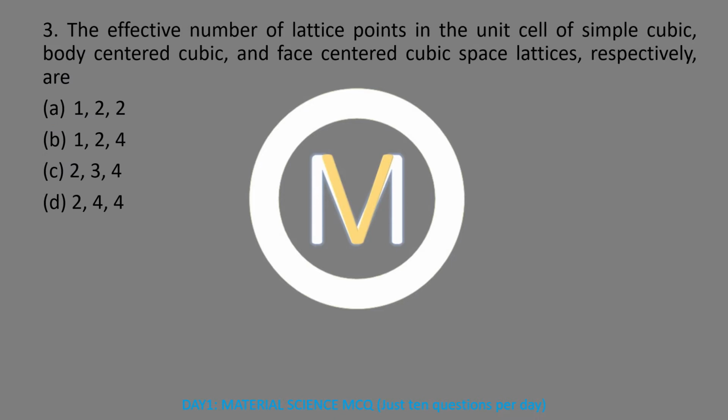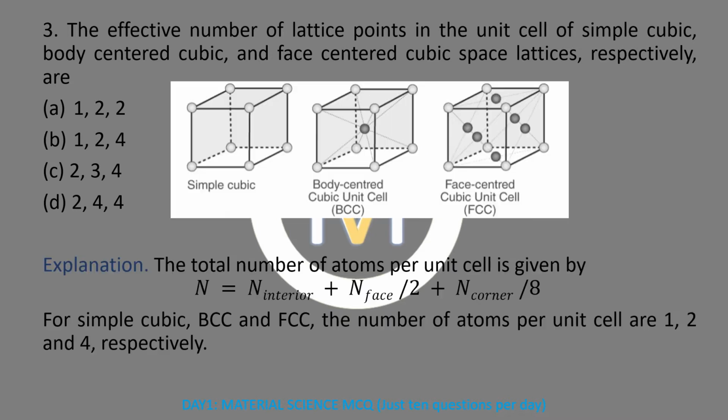Next is the effective number of lattice points in the unit cell of simple cubic, body-centered cubic, face-centered cubic space lattices respectively. So first we have to know what these cubes are. We'll have the simple cubic where we have only the corner atoms, and the corner atoms contribute only 1/8 because this single atom will be shared by 8 cubes.